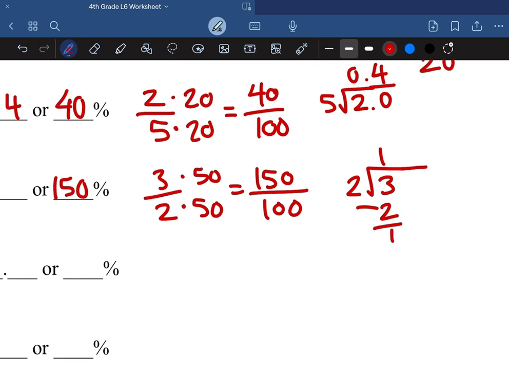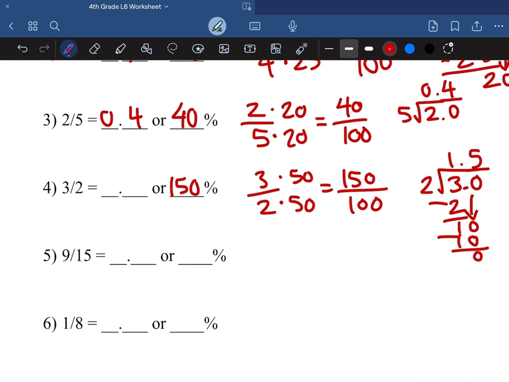We still have 1 left over, so we add a decimal point and a 0. And then we bring down the 0 to get 10. 2 goes into 10 5 times. 10 minus 10 is 0, so we get 1.5 as our final answer.